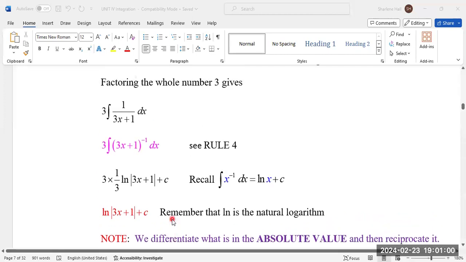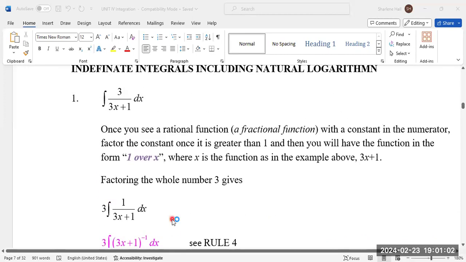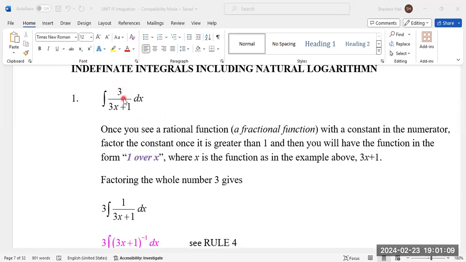So let me go through this one again. The question was the integral of 3 over 3x plus 1. You will see that I can factor out a 3. When I factor out a 3, I'm going to have this 3 here on the outside of the parenthesis, outside of the integration sign.